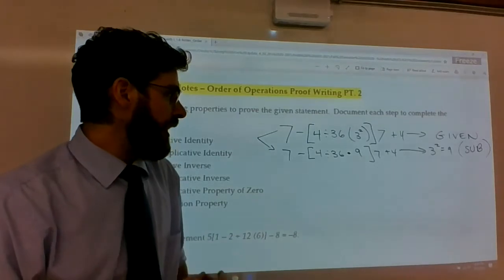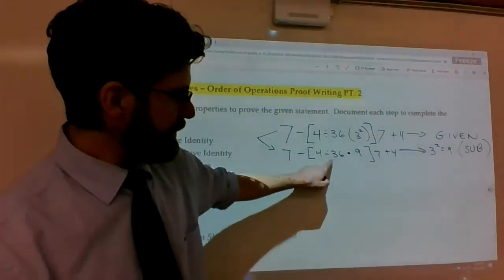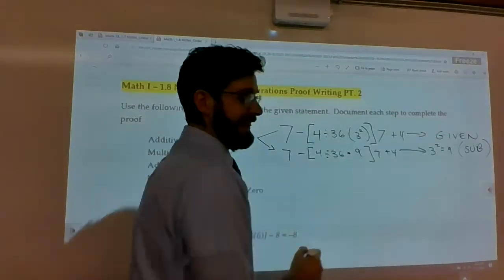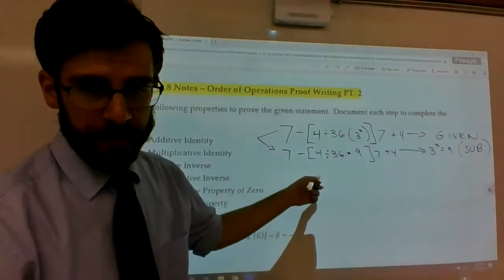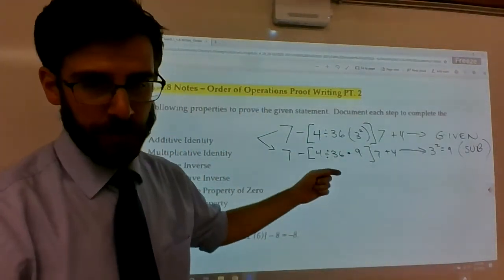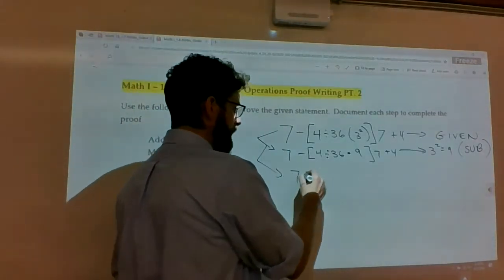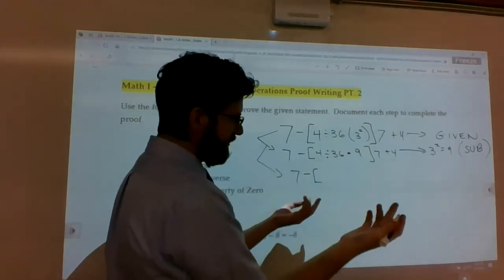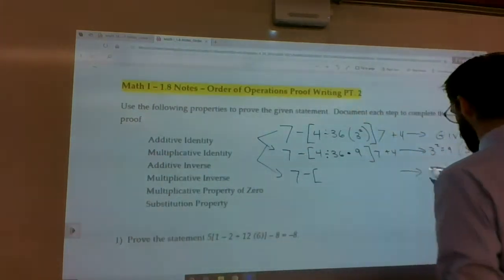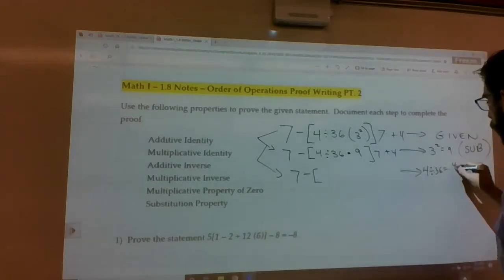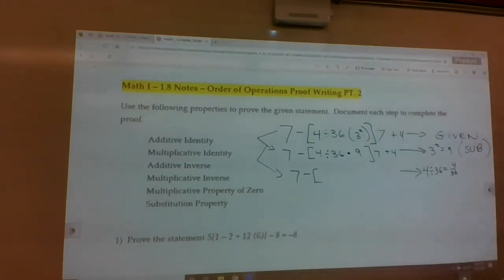So the order of operations states multiply or divide left to right. So take the 4 divided by 36, and let's convert it into a fraction of its simplest form. So 7 minus 4 divided by 36. Well, that would be 4 over 36.